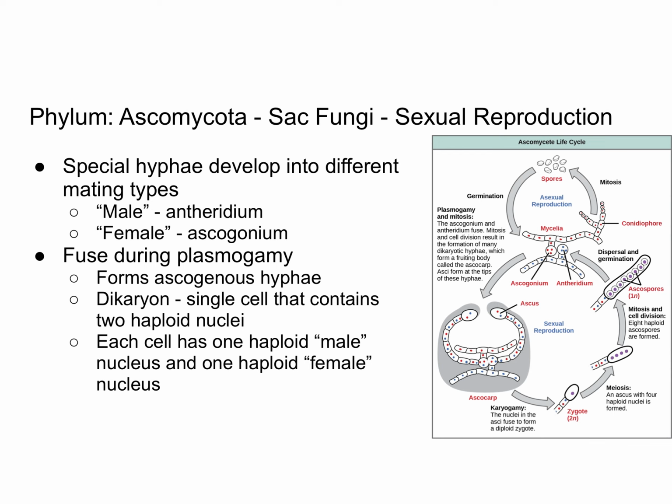I want to point out the asexual reproduction that we talked about on the previous slide because you can see it on the diagram here. Remember that during asexual reproduction in Ascomycota, the mycelium, which is made up of the hyphae, forms the conidiophore, which contains and then releases the asexual spores called conidiospores.